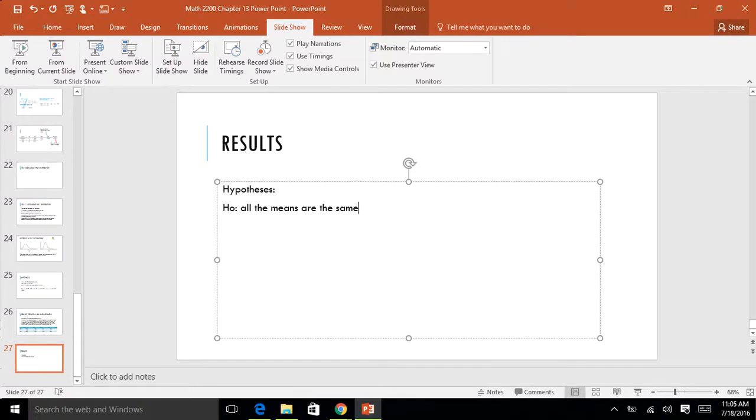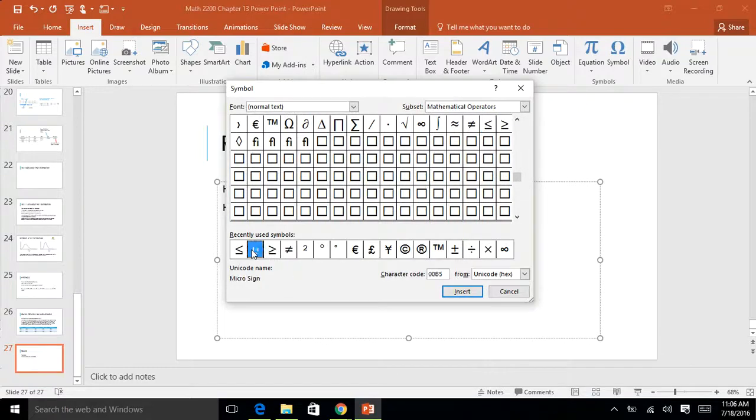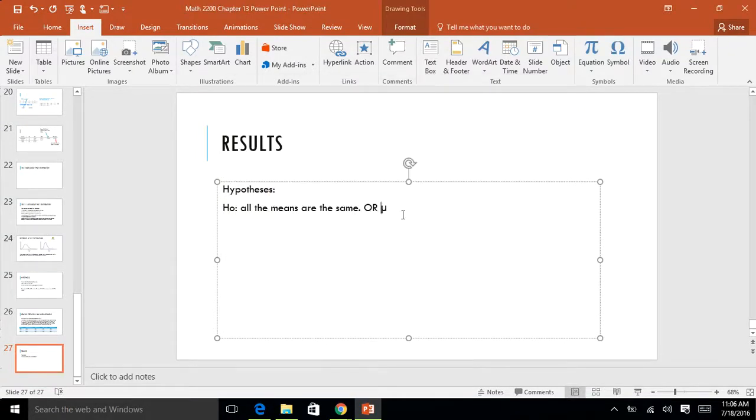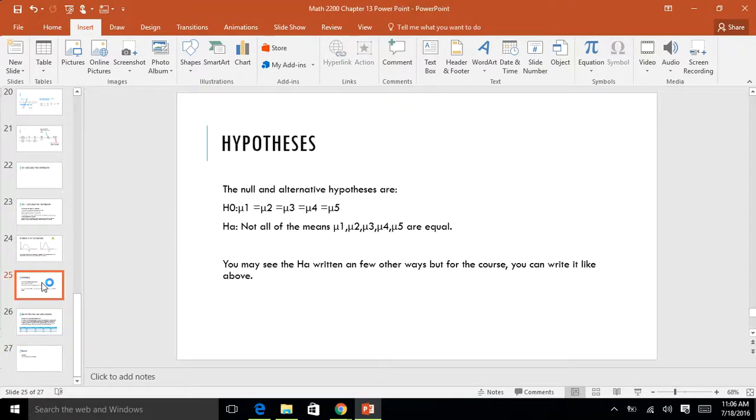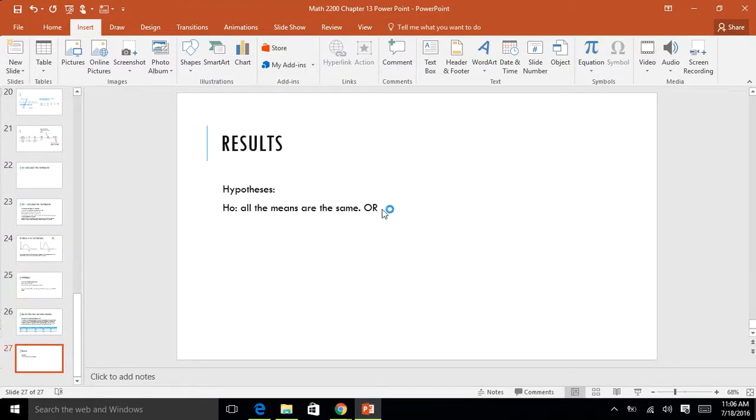I'm going to go get my symbols. You know what? I'm going to cheat a little bit. I'm going back to the PowerPoint and I'm going to grab this one, because for ANOVA this is basically the only kind of hypotheses you're going to have. So you can use these again and again.